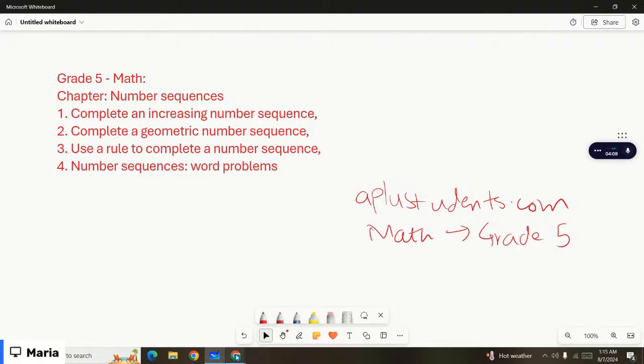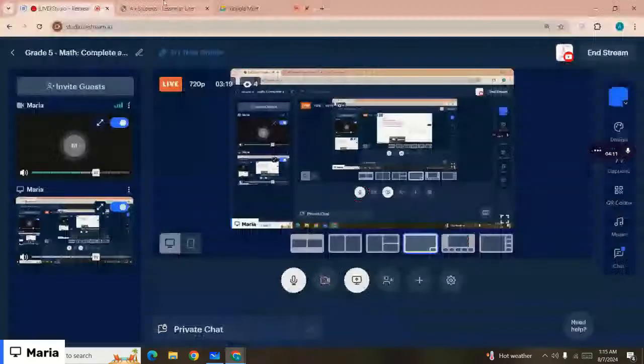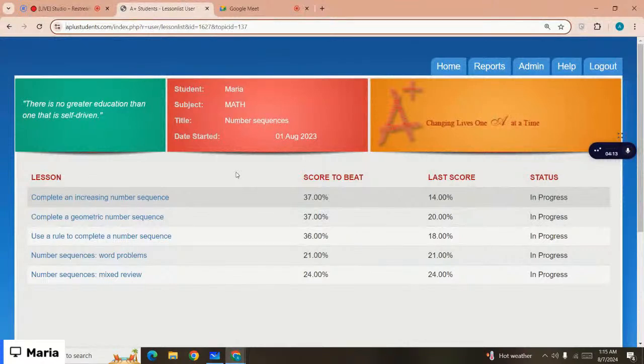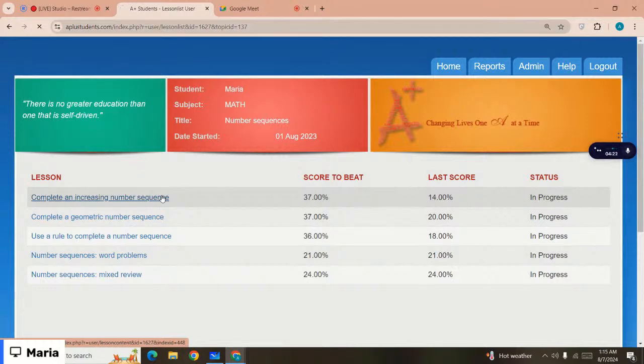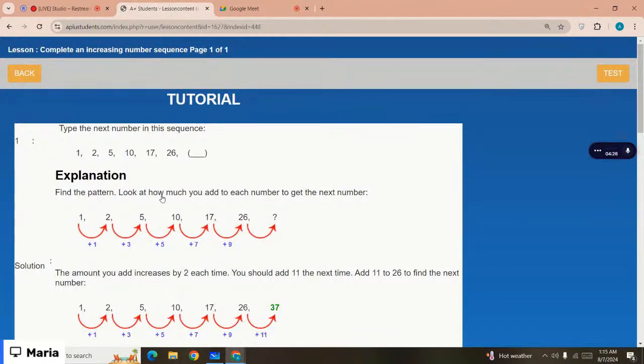Okay, so here I'm on grade 5 math. The chapter we are on right now is number sequences. Let's start with the first lesson, complete and increasing number sequences. Next number in the sequence.